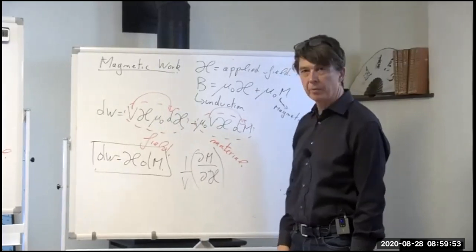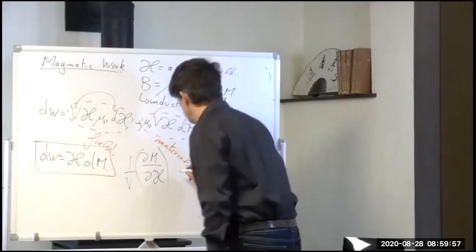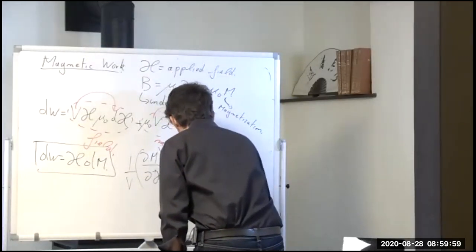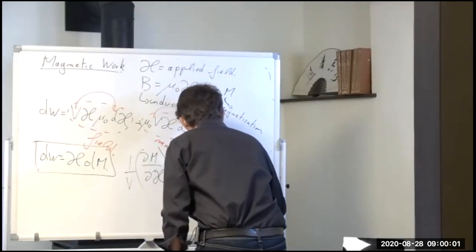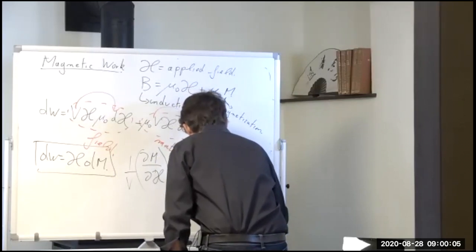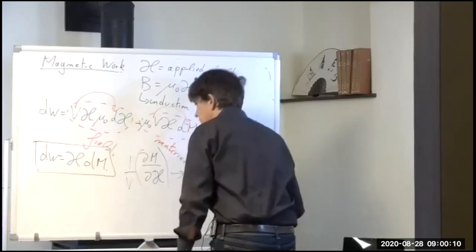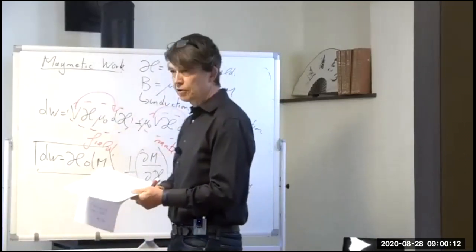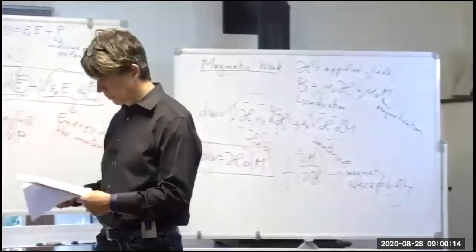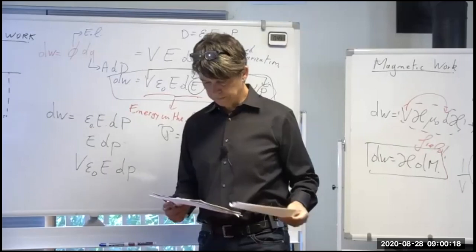So the parameter would be something like that. And that's a magnetic susceptibility. Again, it's the response function we need to use for magnetism.